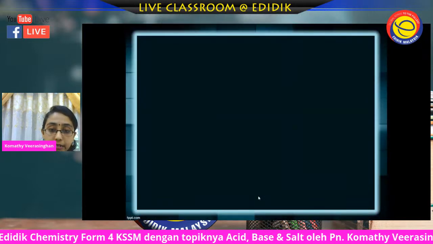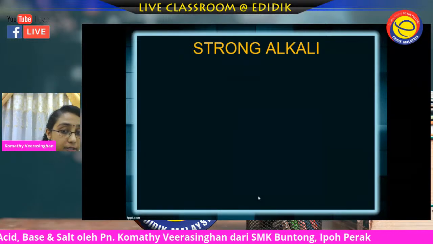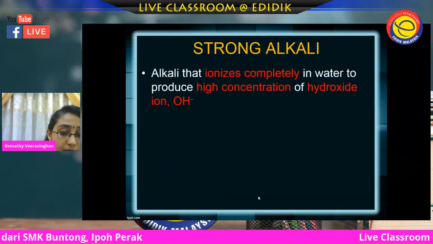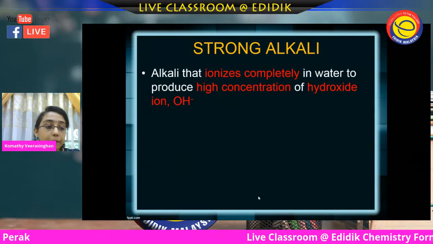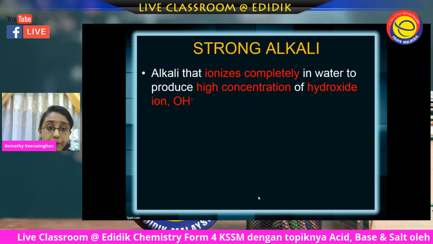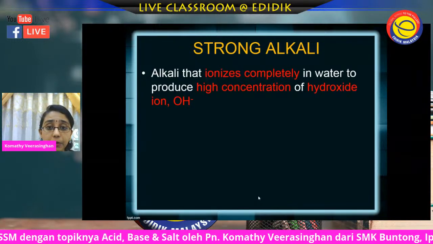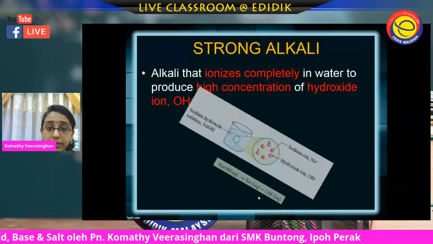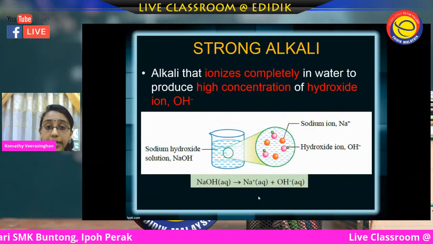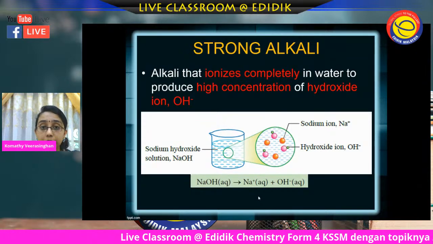So that's for acid. Now for alkali, we are running short of time, right? Because we are running short of time, I will try to do it fast. Since you already understand strong acid and weak acid, I think it shouldn't be a problem for you to understand strong alkali and weak alkali. The concept is the same. As long as it's strong, it ionizes completely. When it ionizes completely, it will produce high concentration.